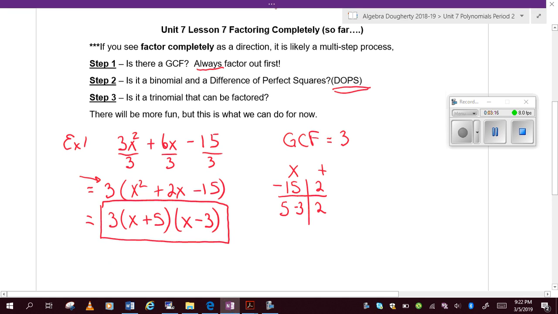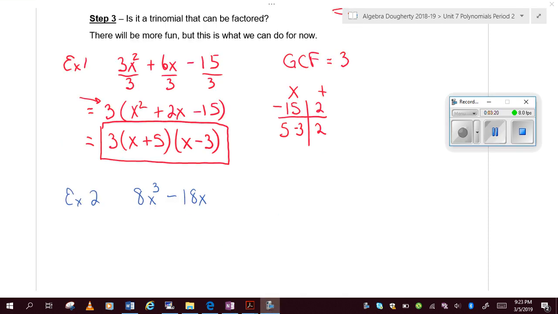Let's look at a second example. This example here caught my eye. 8x cubed minus 18x. I was looking for a GCF, and I said, okay, the GCF between 8 and 18. Well, let's look at 8 first because it's smaller.